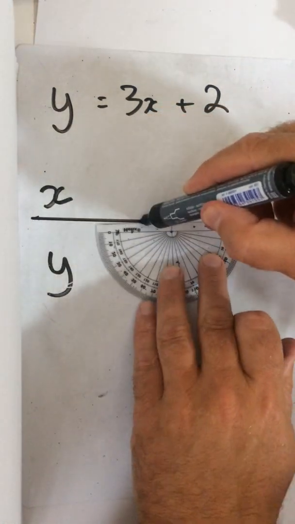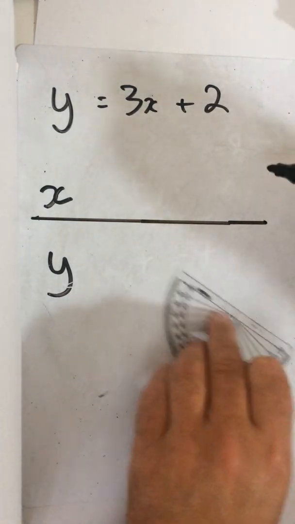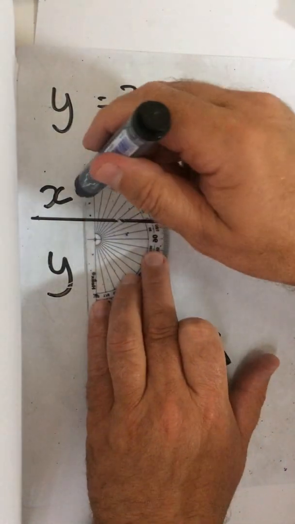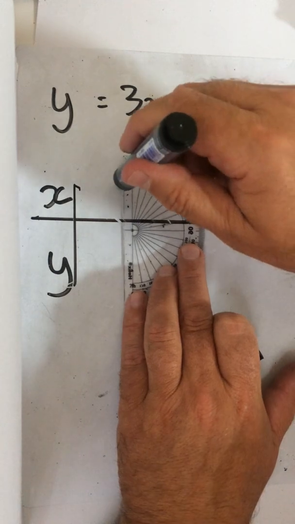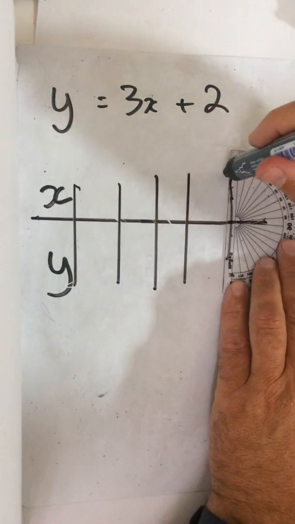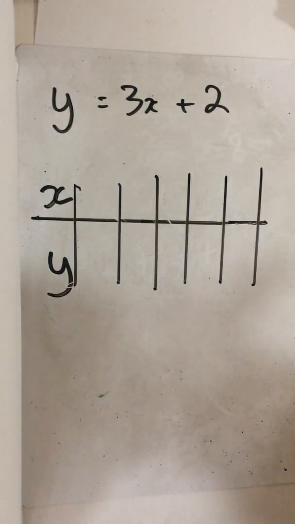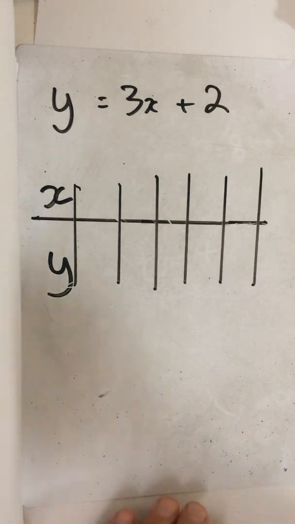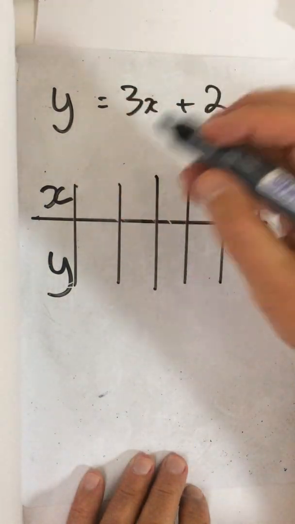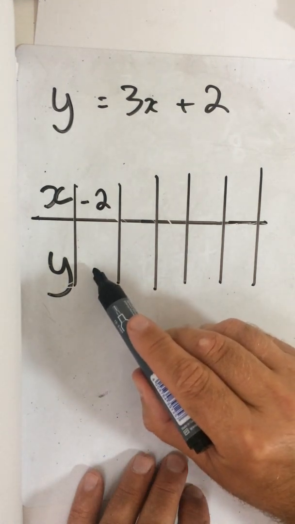So we're going to draw a box and some lines down there. What we need to work out is, if for example on our x-axis it is minus 2, what it is on the y-axis.